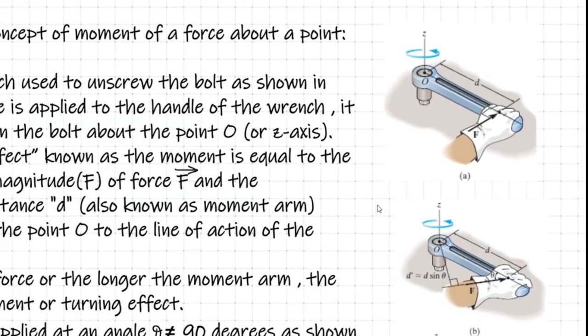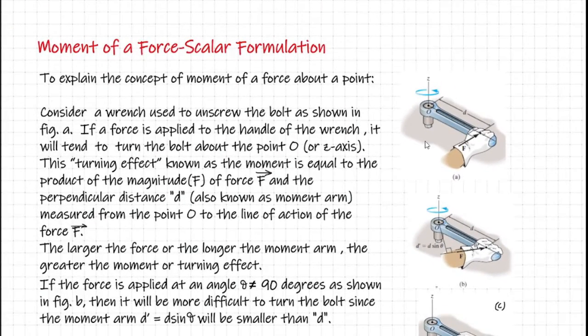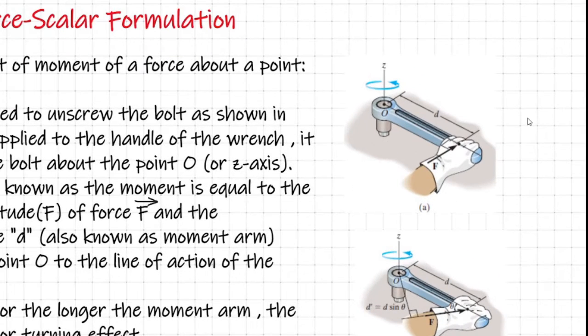So this turning effect which a moment produces about a point is what we call the moment of a force about a point. How do we calculate the moment of a force about a point? Look here.